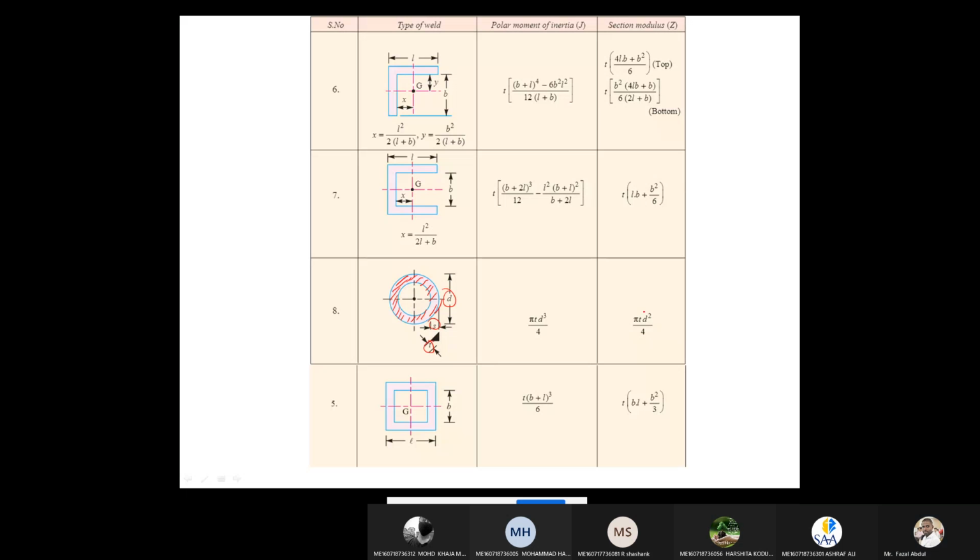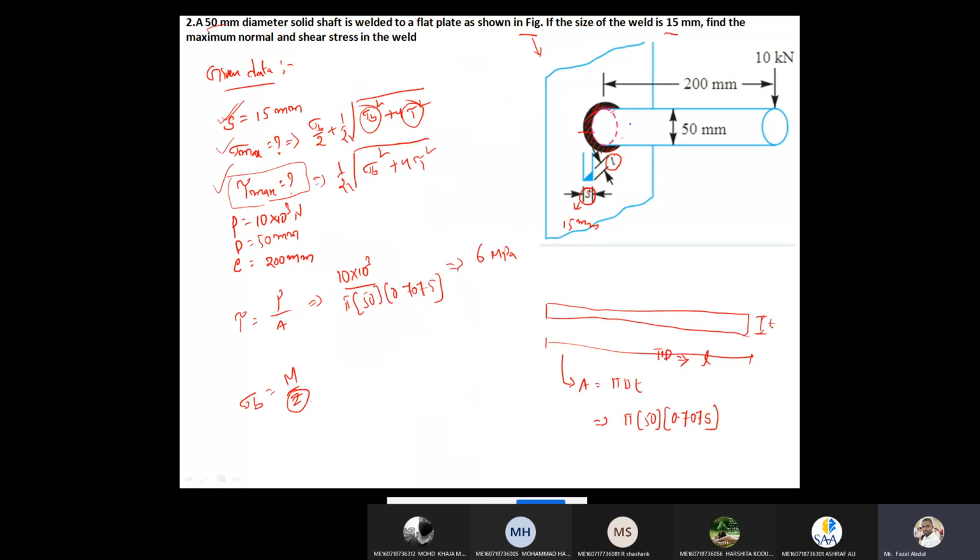So for this figure, the section modulus is pi d square into t by 4. I am writing that here. Section modulus value is pi into d square into t by 4. And what is M? Bending moment. How much bending moment? This force into perpendicular distance: 10 into 10 to the power of 3 into 200. How much is this one? Sigma b value is 96 megapascal.